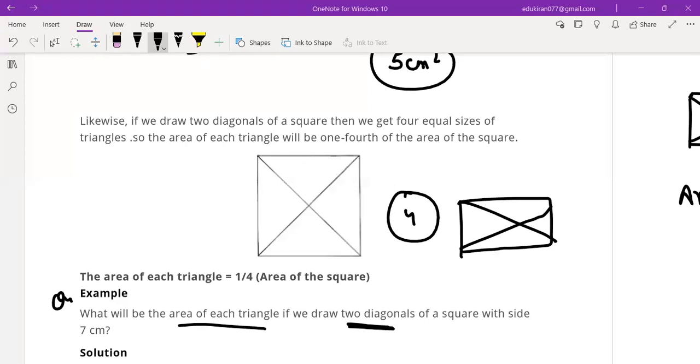Ma'am, is it okay if we write the answer in decimal form? Not a problem. Okay, ma'am.